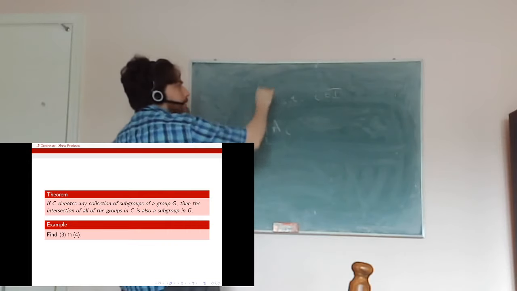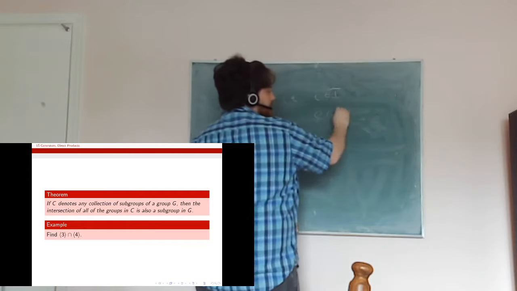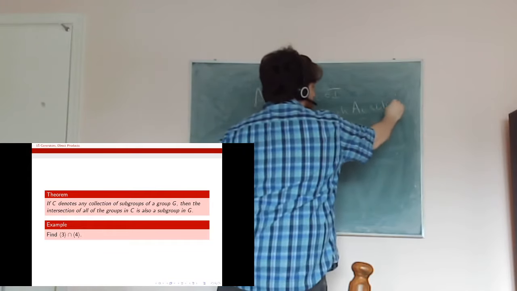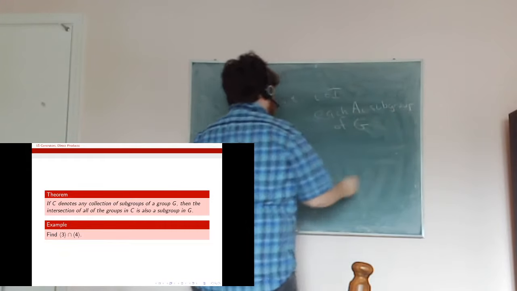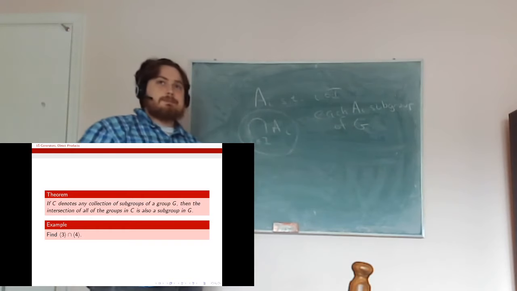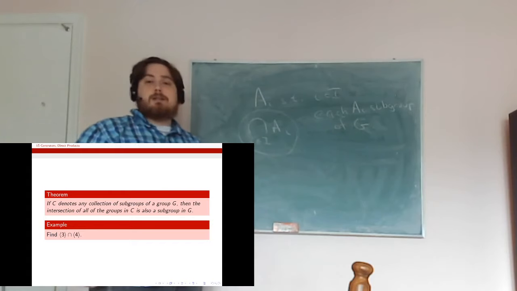Each of these is a subgroup of G. And so what I want to show is that this is a subgroup of G. So the intersection of all of these subgroups is again going to be a subgroup.